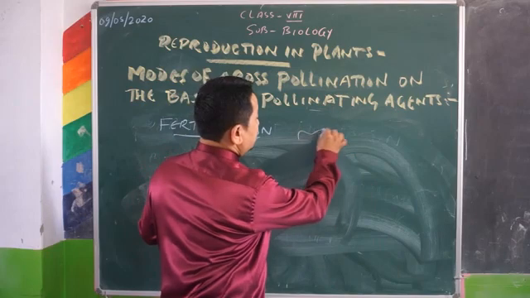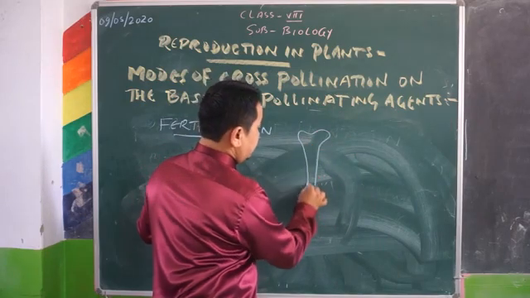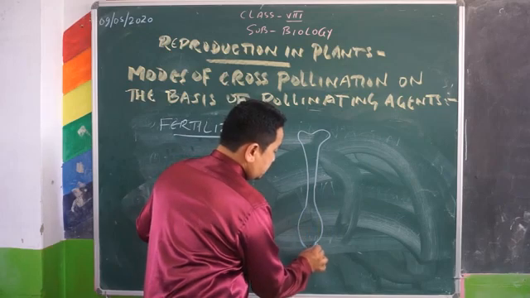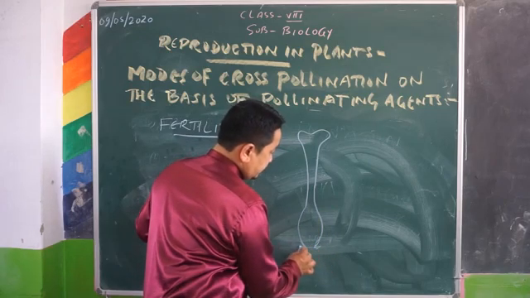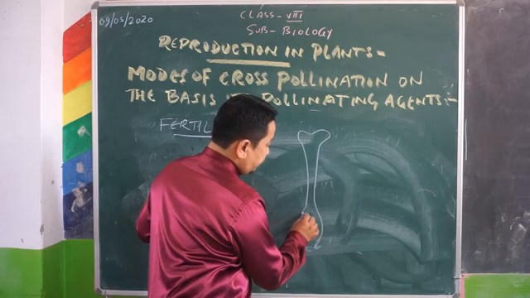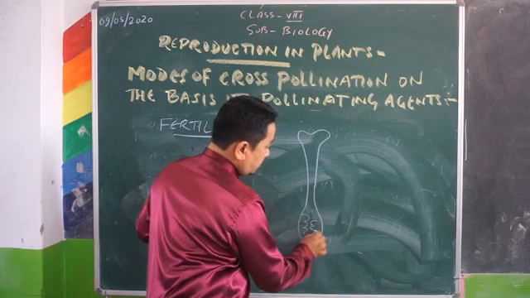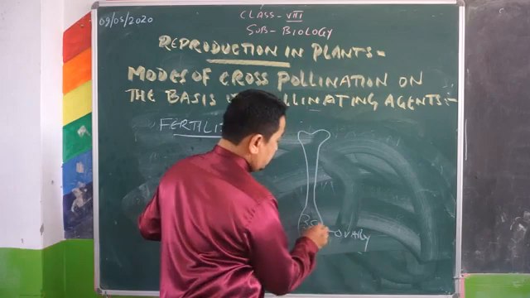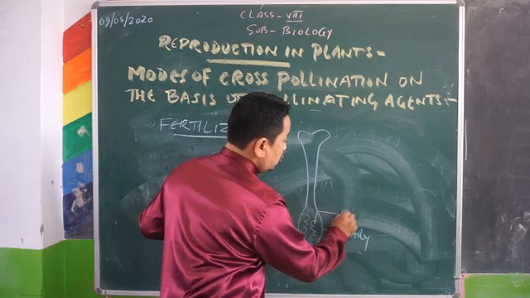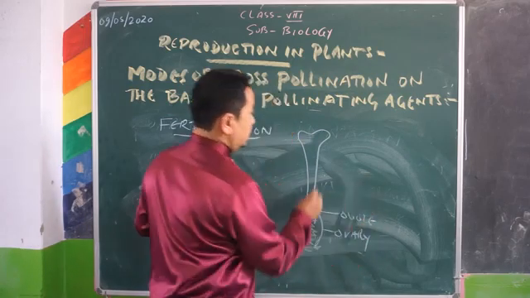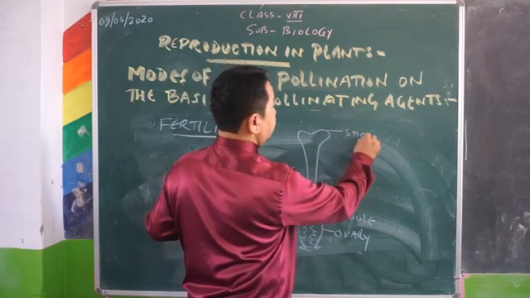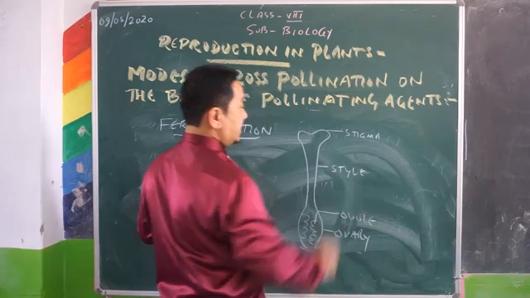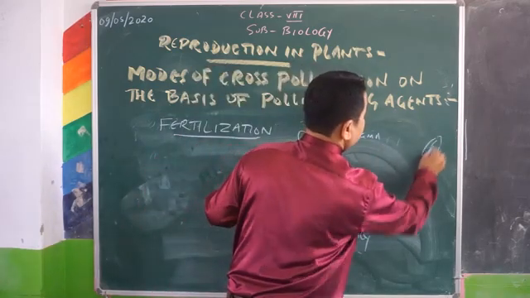Suppose this is a female part. As you all know, this is the ovary, inside is the ovule, this is the stigma, and this is the style.